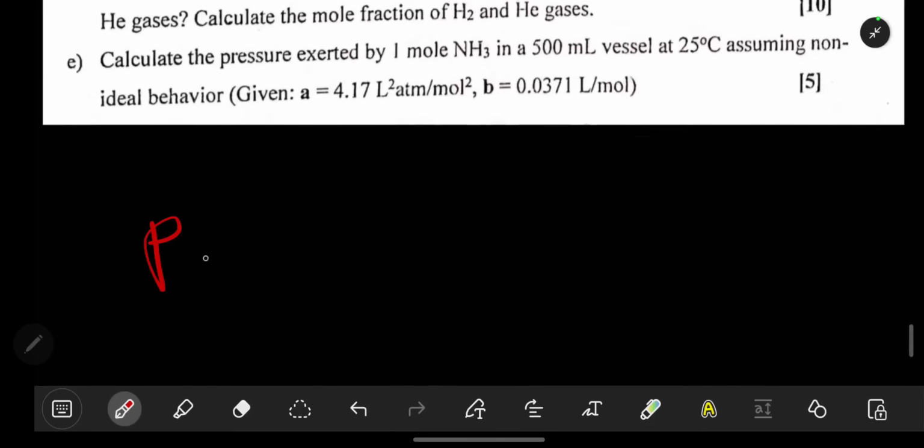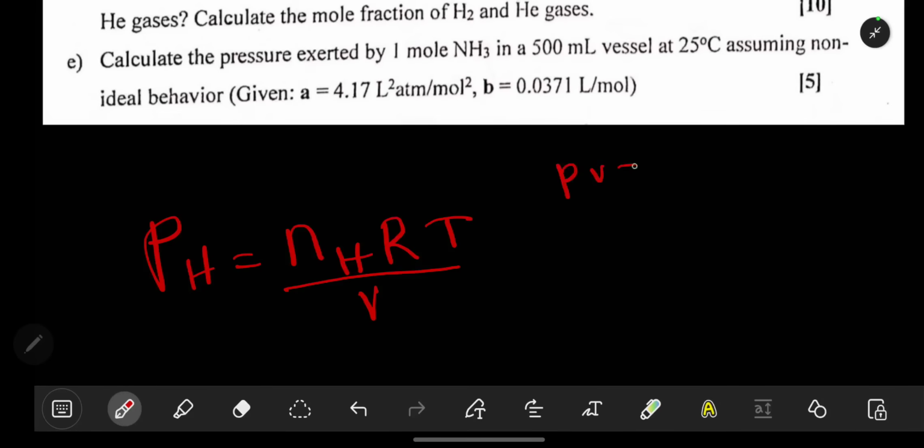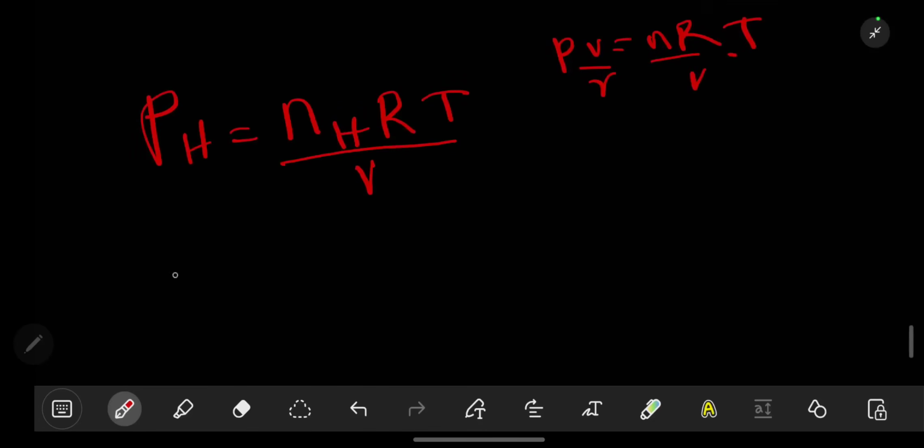So the partial pressure of hydrogen will be equal to the number of moles of hydrogen times RT, divided by the volume. Just the normal PV is equal to nRT, making V the subject of the formula, we divide by V. So nRT over V. So this is the pressure of hydrogen.